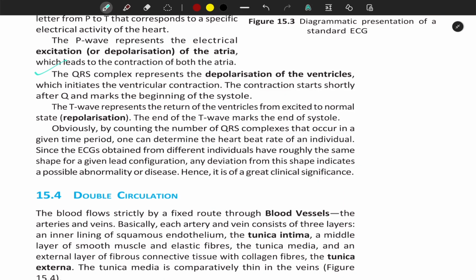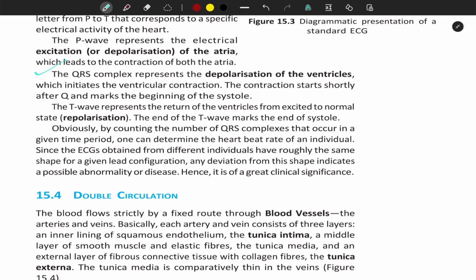The QRS complex represents the depolarization of the ventricles which initiates the ventricular contraction. The contraction starts shortly after Q and marks the beginning of the systole. The T wave represents the return of the ventricles from excited to normal state, that is repolarization. The end of the T wave marks the end of systole.